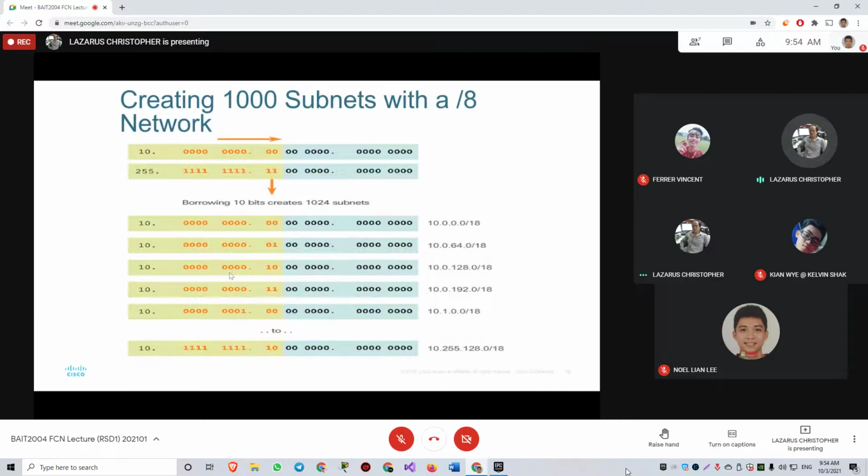All right, so now we move on to class A. You start with class A, means you have a /8 prefix, right? So class A, you will start with this part, the first octet, and then you borrow from there.